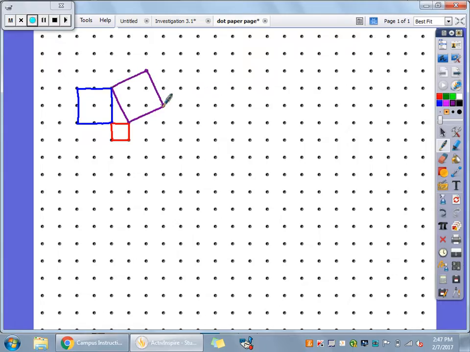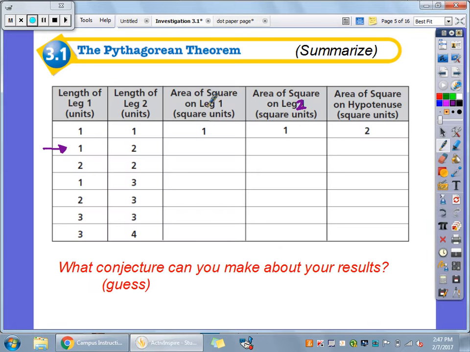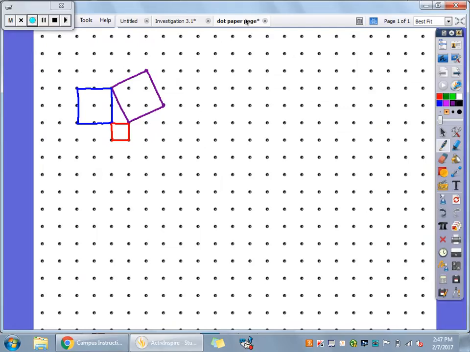All right, so now if we come back to our chart here, we're going to find the area of each of those 3 squares, and we're going to fill in those values in these 3 spots here. So back to the dot paper page. If we look at the red one, in order to find the area, remember you take the side length and you square it. So it's 1 squared, which is 1.